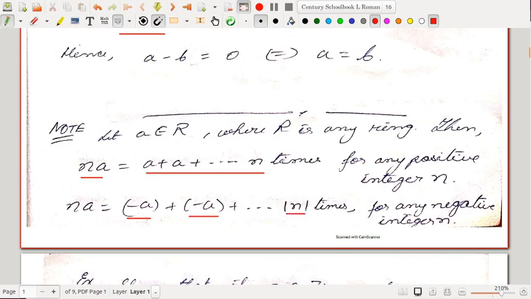There is nothing called minus 2 times. So minus 2A means we are adding minus A, that is the inverse of A, 2 times. Minus 2A means minus A plus minus A. This is the convention that is adopted.